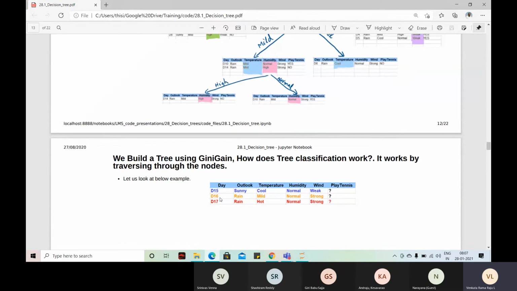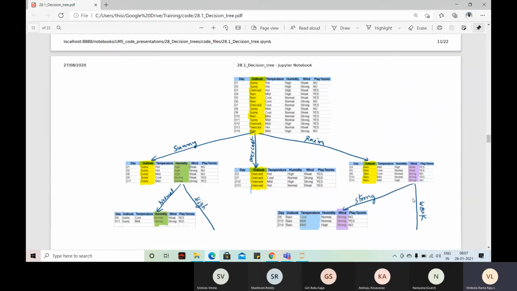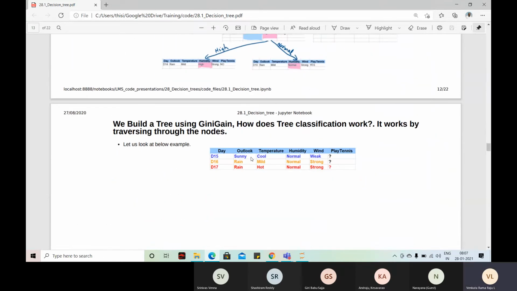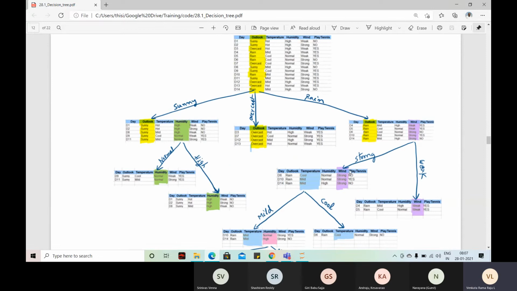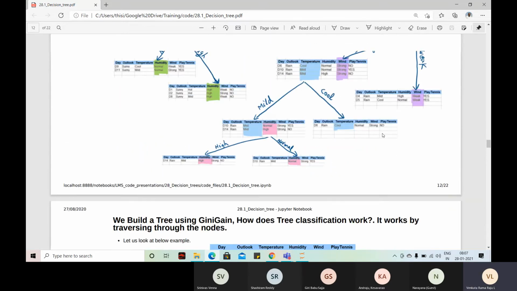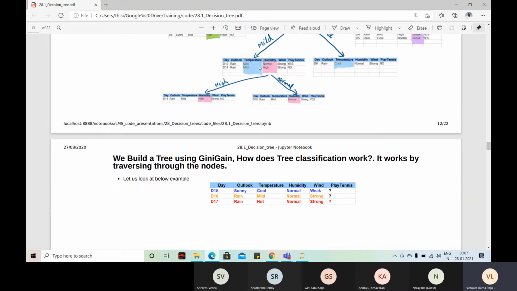And the second record, outlook is rain. I'll go this direction. Then I need to look into wind. Wind is strong, so I'll go this direction. Now I need to look into temperature. Temperature is mild, so I'll go this direction, and then I need to look into humidity. Humidity is normal.